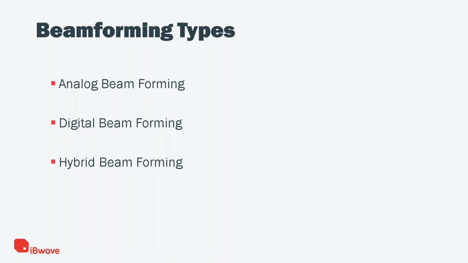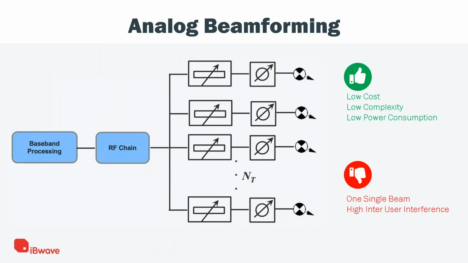Let's have a look at these types of beamforming in more detail. For analog beamforming, we mentioned that the weighting factor should be applied in the analog domain, which is after your RF chain. By RF chain, we mean all the components that are needed to create your RF signal.